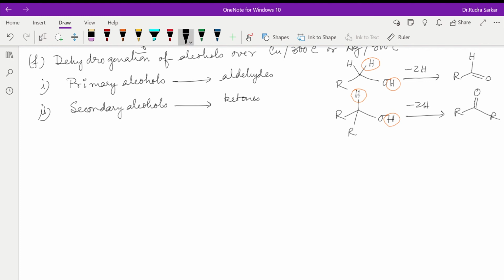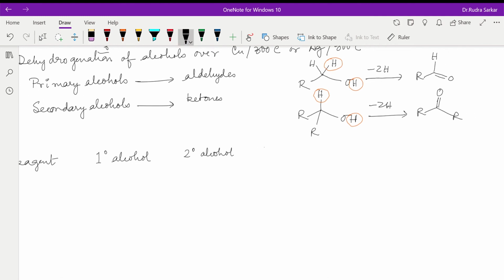Now over here I'm giving you a reagent, given you substrate which is a 1 degree alcohol, then you have a 2 degree alcohol, given you 3 degree alcohol, allylic 1 degree alcohol, allylic 2 degree alcohol.